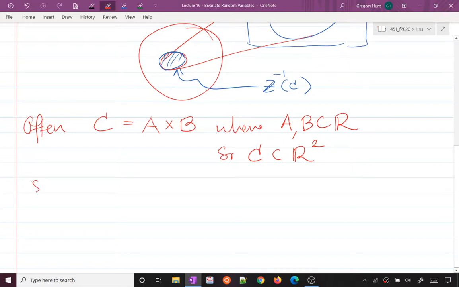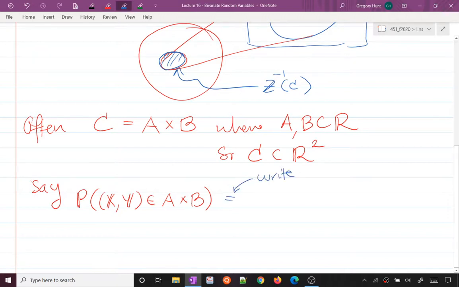And so we might say, for example, what's the probability that (X, Y) is in the Cartesian product A times B? That's kind of a weird way to write it. What we would write, as an informalism, is the probability that X is in A and Y is in B.